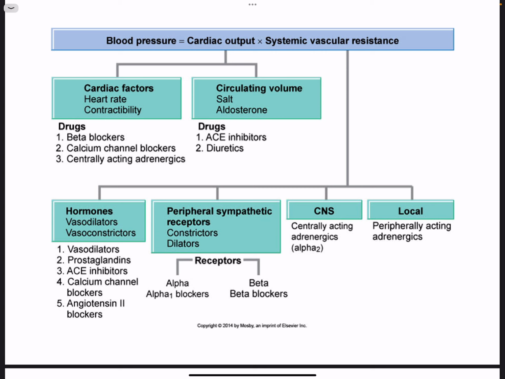As you know from your physiology, the cardiovascular system is composed of 3 components. Our module is based on these 3 components. The first component of the cardiovascular system is the heart, very good.